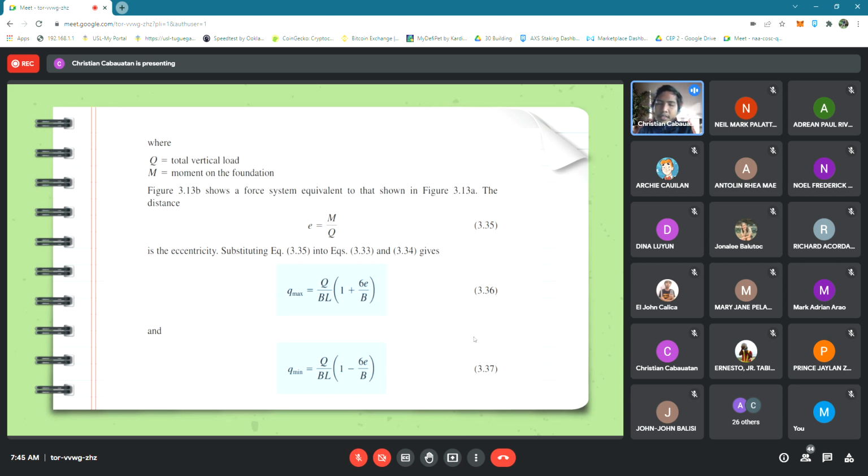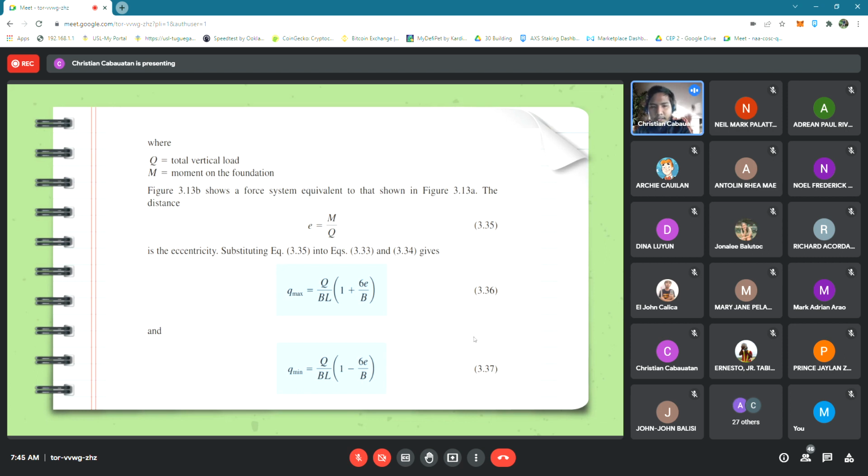as we can see before, no, doon sa figure na pinakita ko kanina, with respect to the eccentricity, okay? It shows first system equivalent, okay? And the eccentricity can get as E is equal to moment divided by the total vertical load, okay?